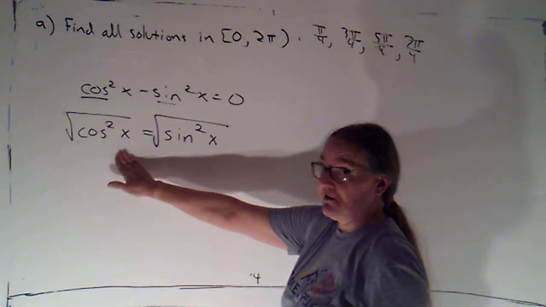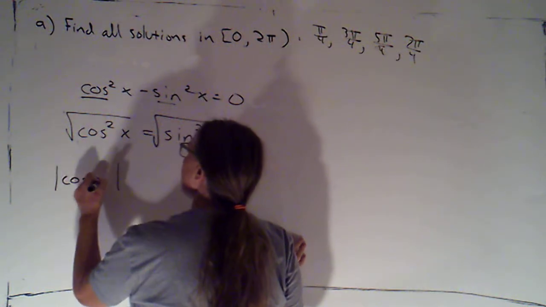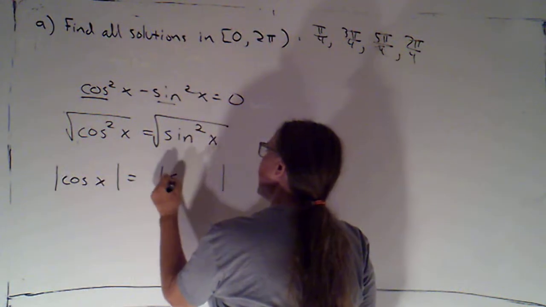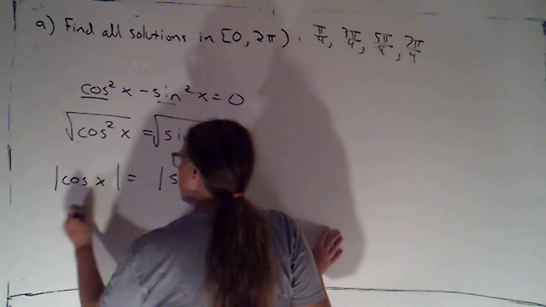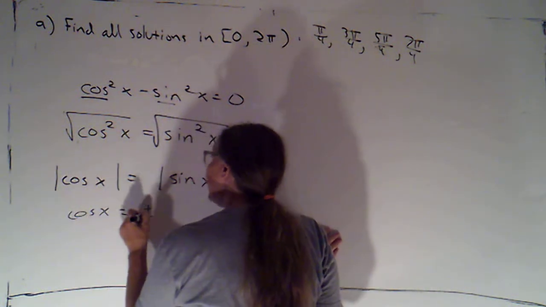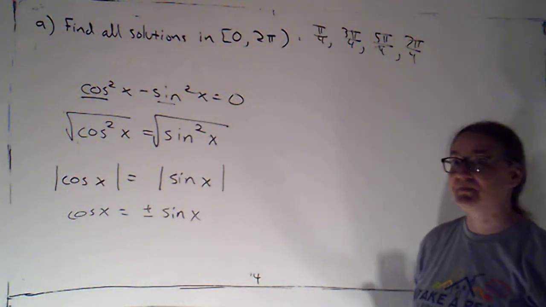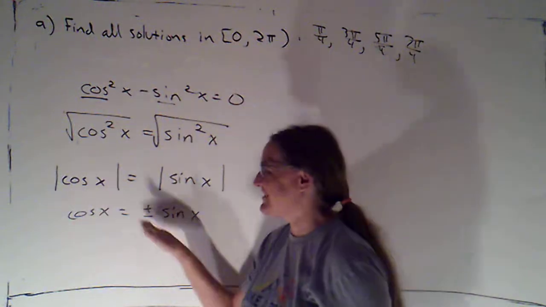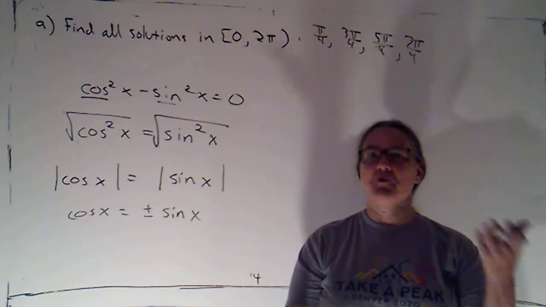Now, being very careful here again, that means the absolute value of cosine x equals the absolute value of sine x, which means cosine of x is either the same or the exact opposite of sine x. Okay. Don't need to write 2 plus or minus signs because there are really only 2 possibilities. They're the same or they're opposites.